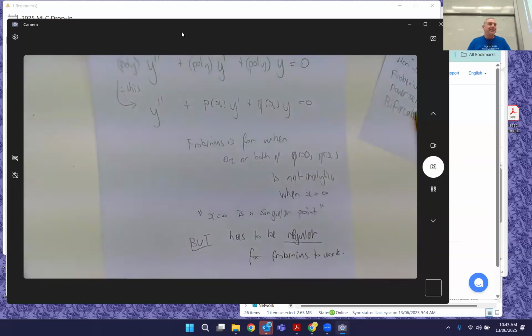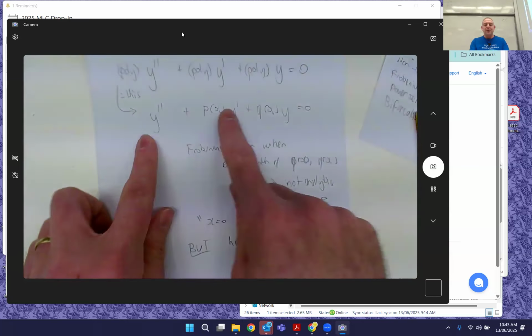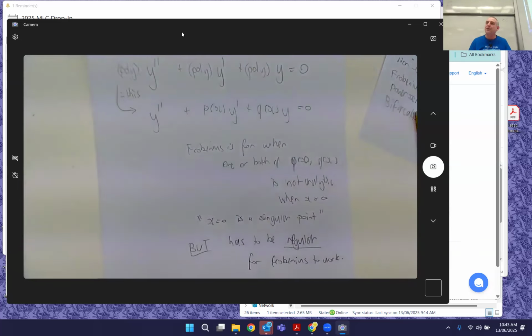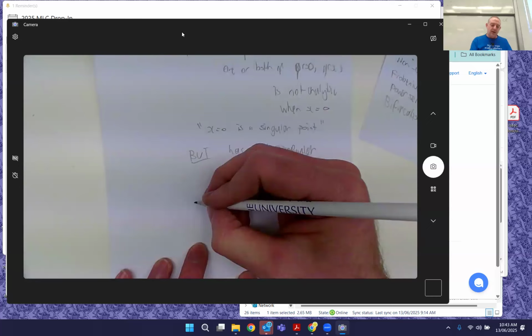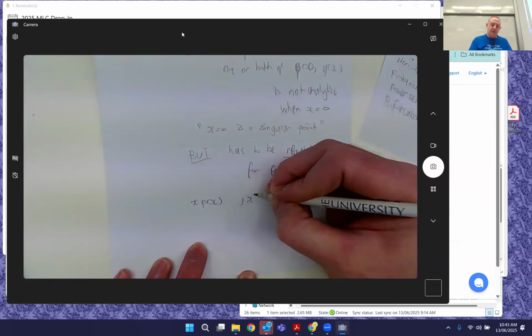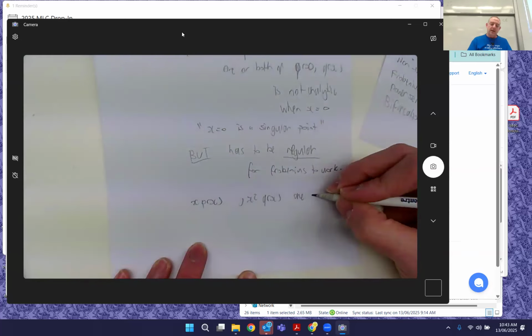The way I remember that is that this one's got 2, so it's like 0, 1, 2, the opposite way around. They're the powers of x you have to multiply by to make it work. So it has to be regular, and regular means that x times p(x) and x squared times q(x) are analytic.